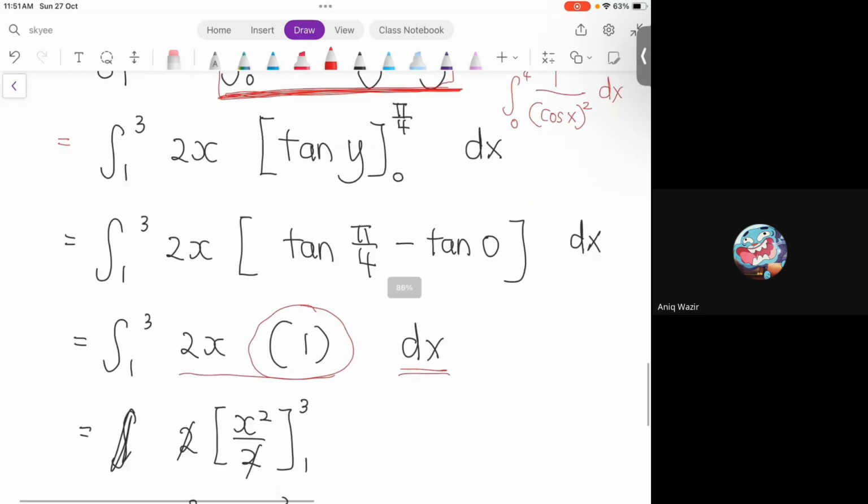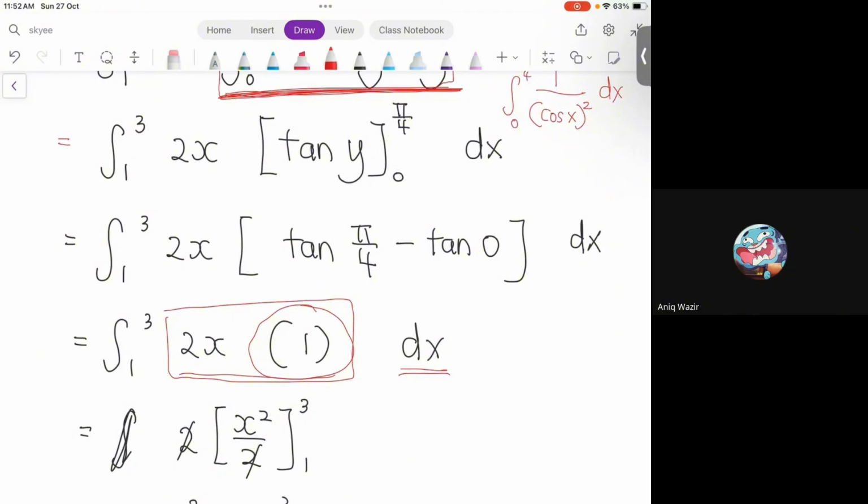And then you can continue for the second one. Integrate 2x dx from 1 to 3, just to test whether you can get the same answer or not. So this one will be 2x, then 3 and then 1.